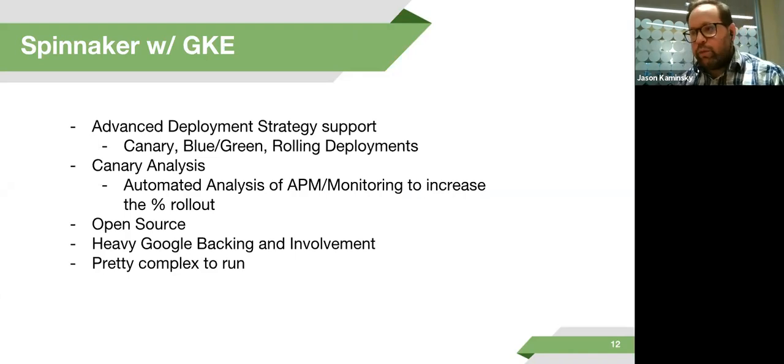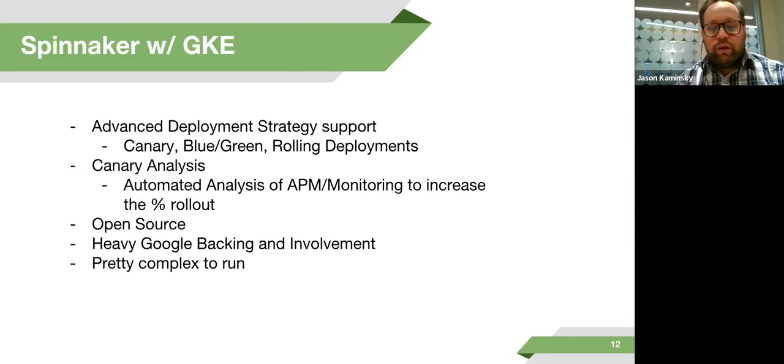The part that I like about it, that has been very helpful for me for my engagements, is something they call a canary analysis. It's an automated analysis process during your canary deployment that you tie into either your APM tooling or any monitoring that you have, that automatically increases your rollout based on the health of the deployment.